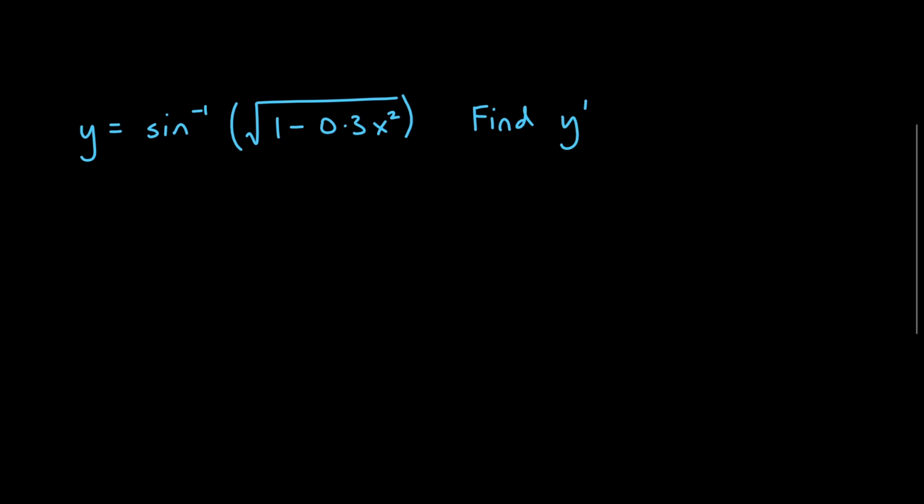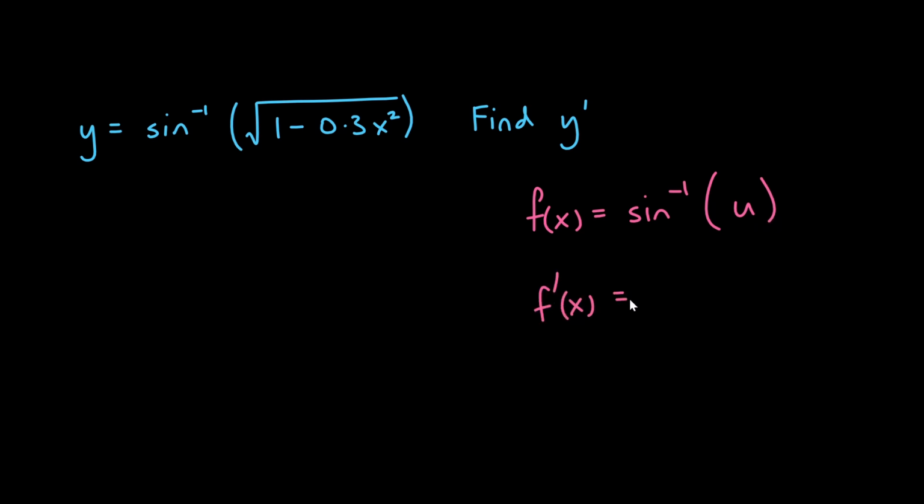The derivative of arcsin: f of x is equal to sine inverse of u. The f prime is equal to 1 over the square root of 1 minus u squared times the derivative of u with respect to x.